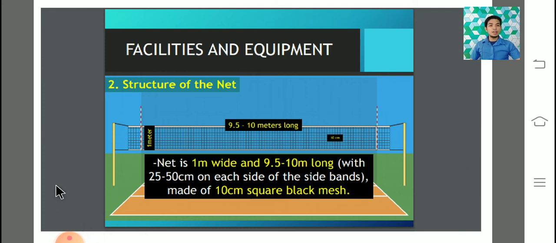Okay? At yung mga may maliliit na square, yung butas ng net, it measure 10 cm square black mesh. Black ha? Kapag nakita kayo ng ibang net, ibang kulay ng net, ay hindi yan standard. It should be black. Okay?